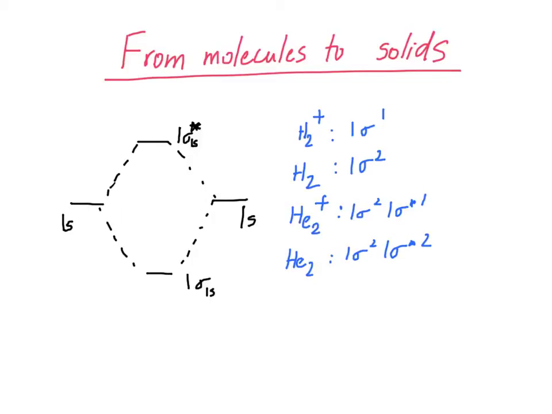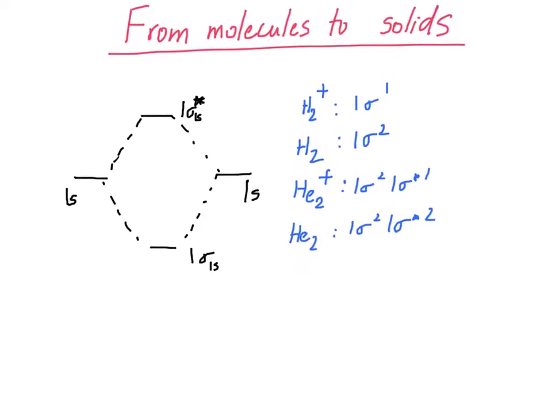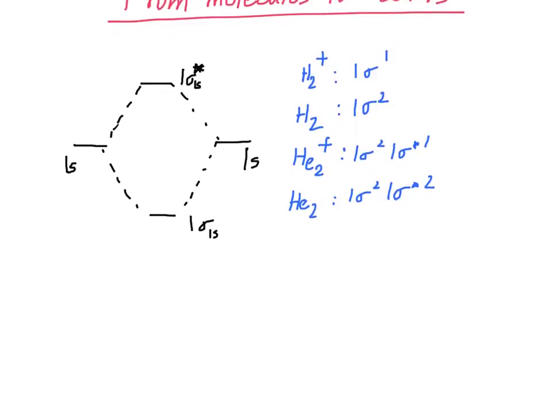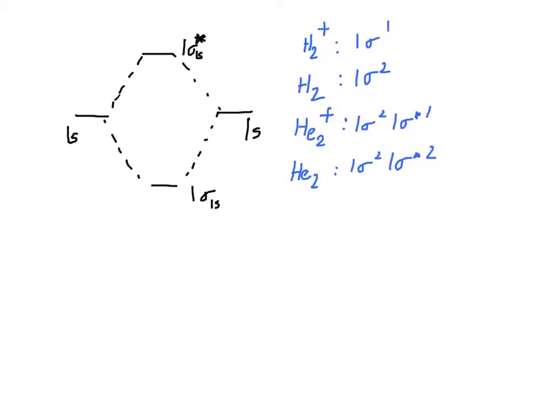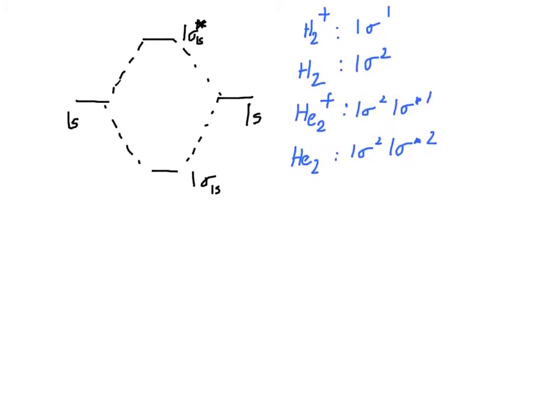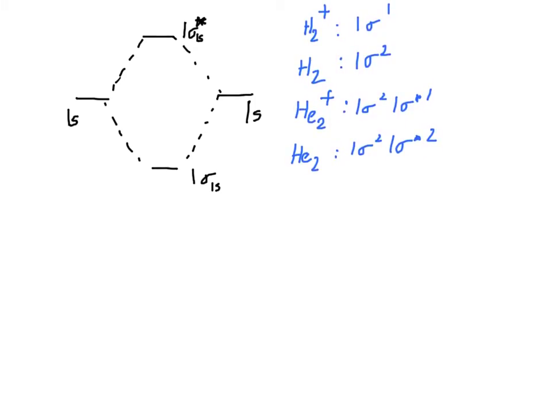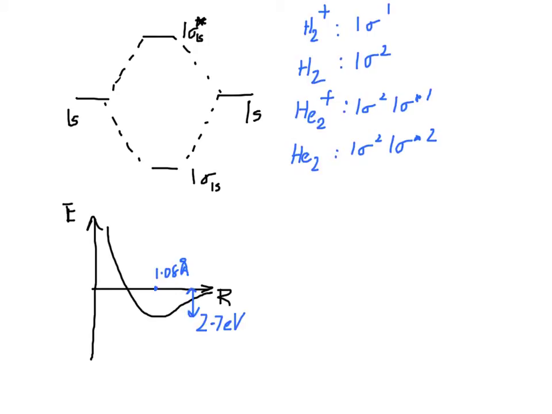So what I'm going to do right now is to very quickly make a plot of the potential energy or the total energy of the H2 plus and the H2 systems as a function of the interatomic bond distance r. So there it is. This is the total energy of our H2 plus system as a function of the bond length r, the interproton distance r.